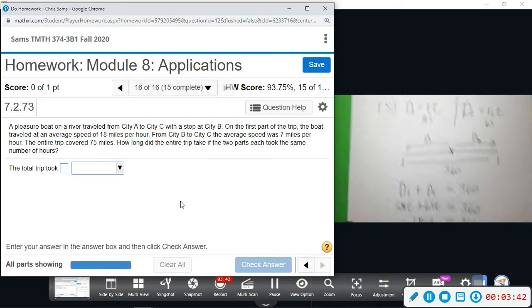Alright, number 16. A pleasure boat on a river traveled from city A to city C with a stop at city B. On the first part of the trip, the boat traveled an average speed of 18 miles per hour.